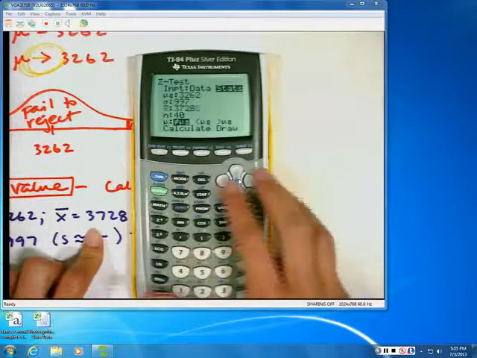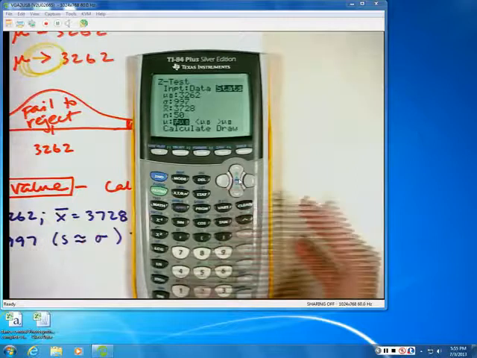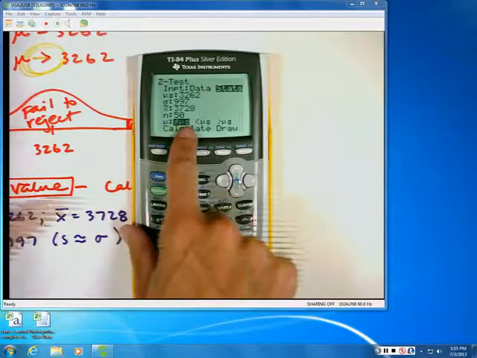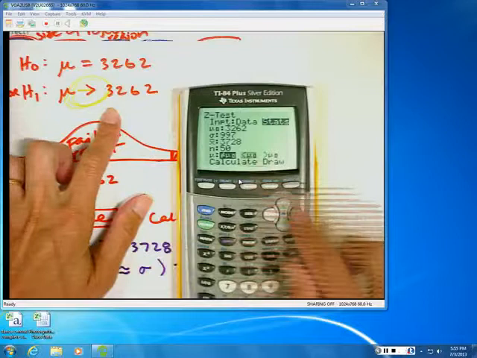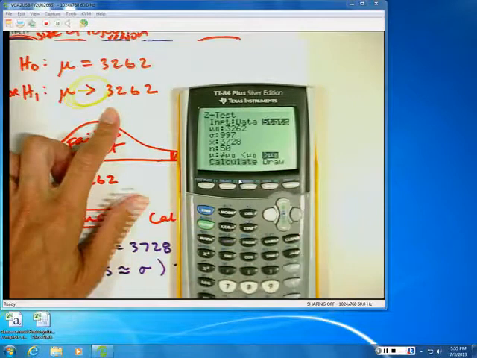N is not 40, but 50. And this is your alternative hypothesis. It has all 3 choices: not equals, less than, greater than. I choose greater than, and then I hit calculate.